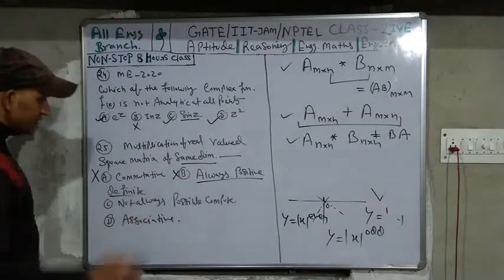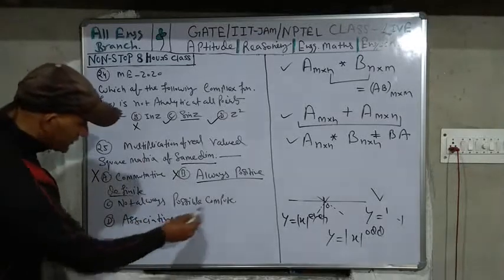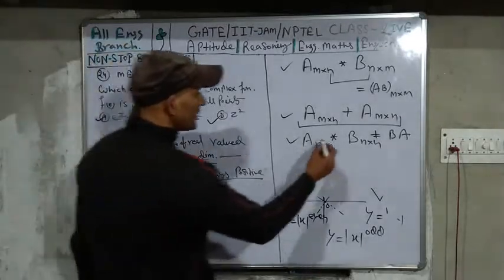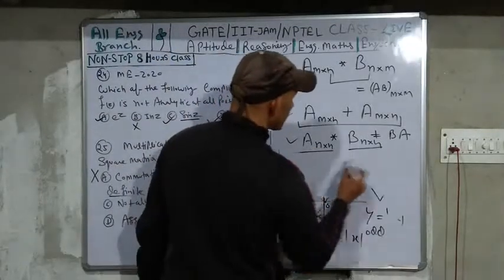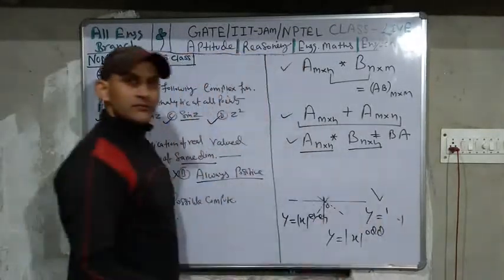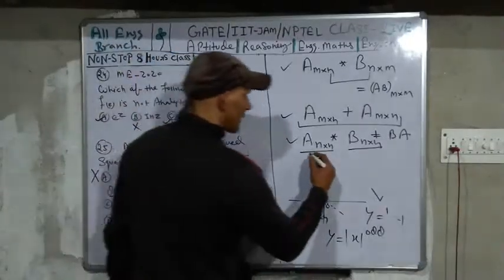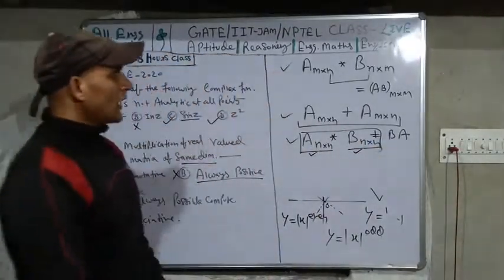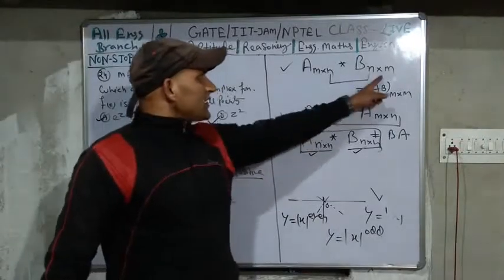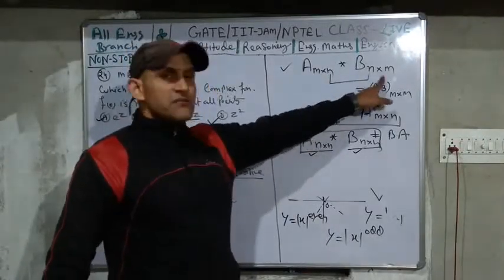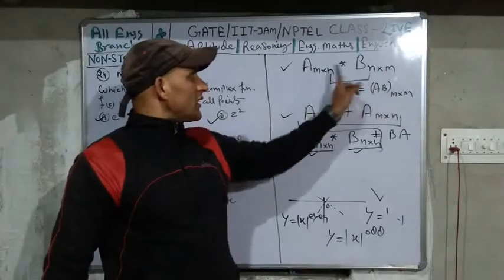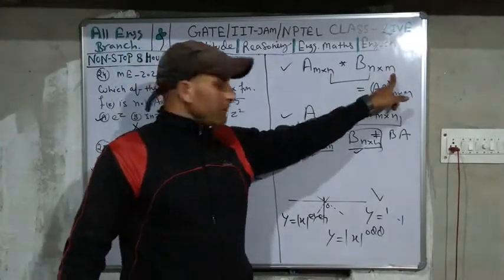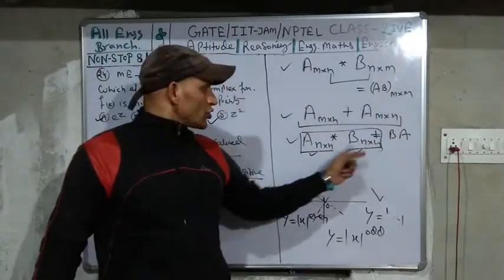Now the third one is not always possible to compute. You know that if both are square matrices, you can multiply. If this is a square matrix and this is also a square matrix, then you can compute, no problem. I told you, for multiplication you must have the mirror image of order, m into n and n into m. But here they are square matrices, so you can compute.